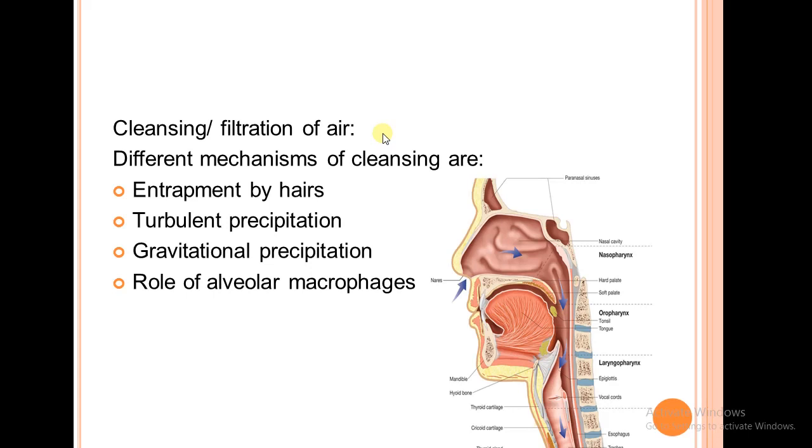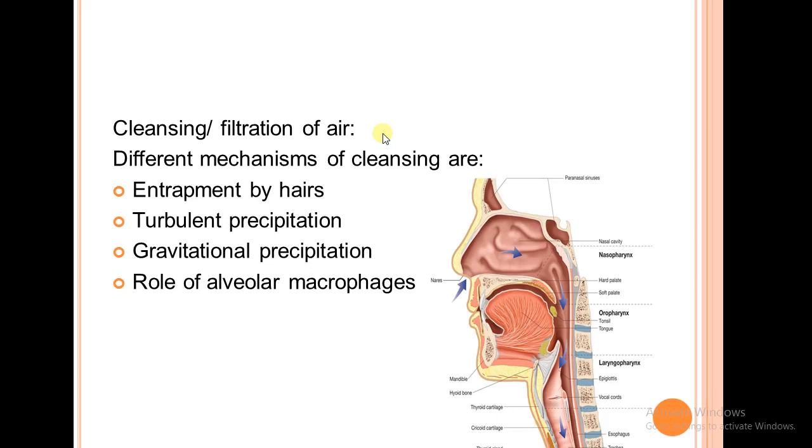First is the cleansing function, the filtration of air. Cleansing of air is a process which is carried out in the upper respiratory tract, and it will continue into the lower respiratory tract. So here I will completely describe this process. Some part will be the contribution from the upper respiratory tract and the rest will be carried out in the lower respiratory tract.